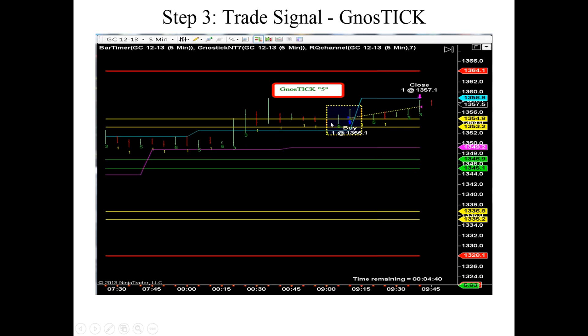I do a 1 lot. There's the 5. I took my $100 off the table. I was happy. We hit the RQ channel. We came up to it, backed off, and I basically came out here as we were approaching it, and then it closed right below resistance, and I was quite pleased to take the $100.